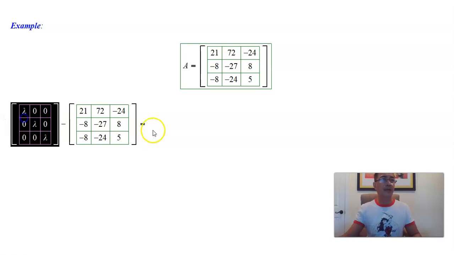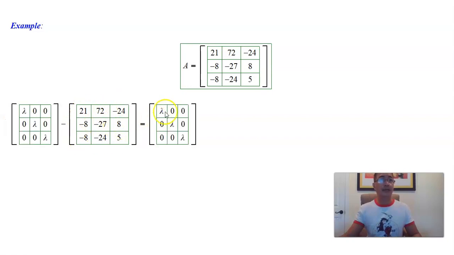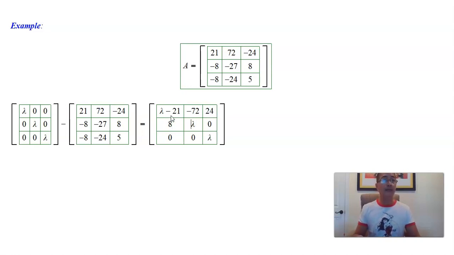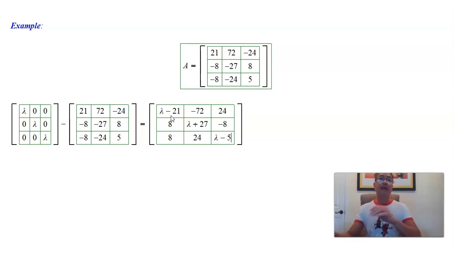Okay? So we have to subtract these entries from the first. So minus 21, minus 72, positive 24, positive 8, lambda plus 27, negative 8, positive 8, and then positive 24, and then negative 5, lambda minus 5.